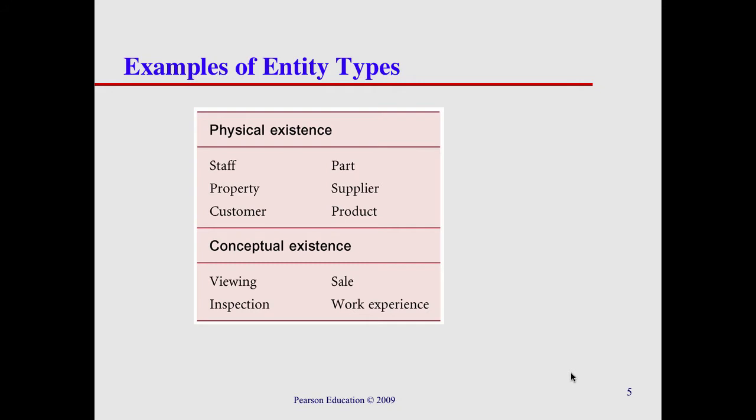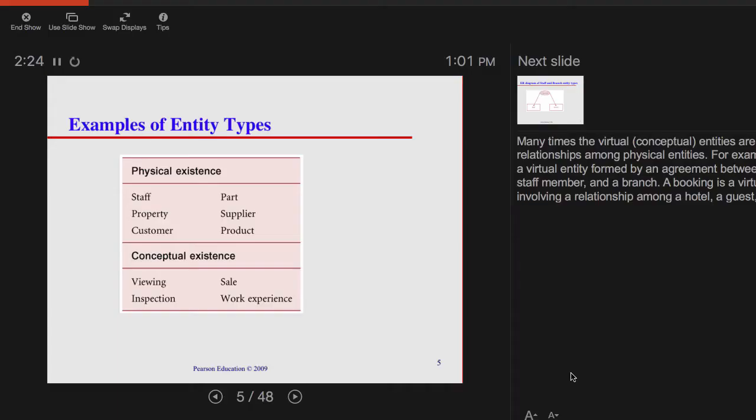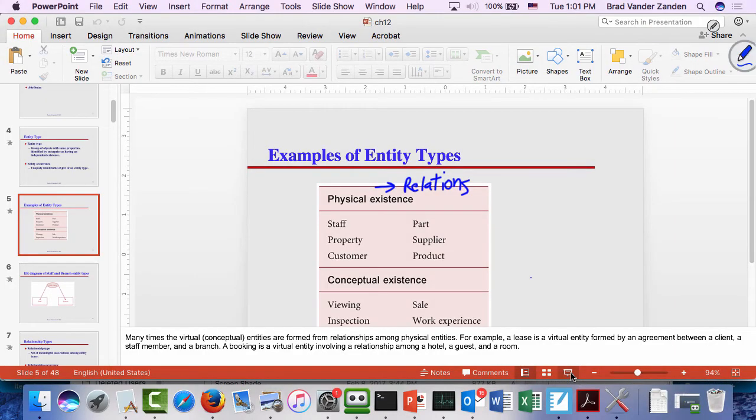Okay, and it also turns out that many of these conceptual things end up being relationships as opposed to entities. An important point is that many of these conceptual entities are really relationships.